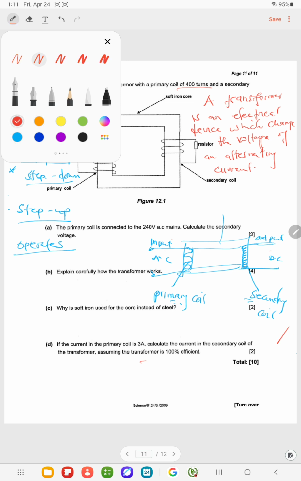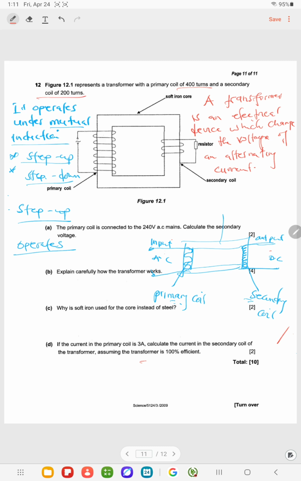When the primary coil is connected to an AC source of current, the alternating current, as it passes through this coil or number of turns, will produce what you call an alternating magnetic field.